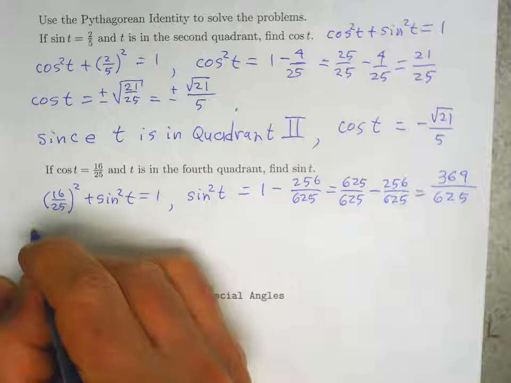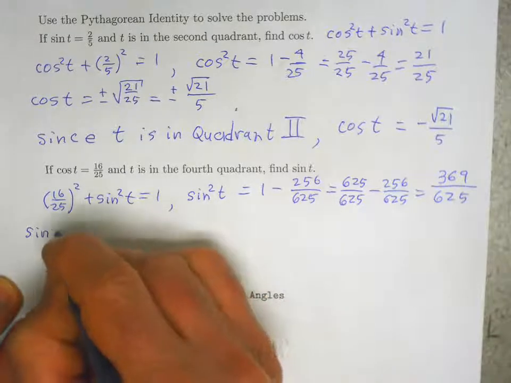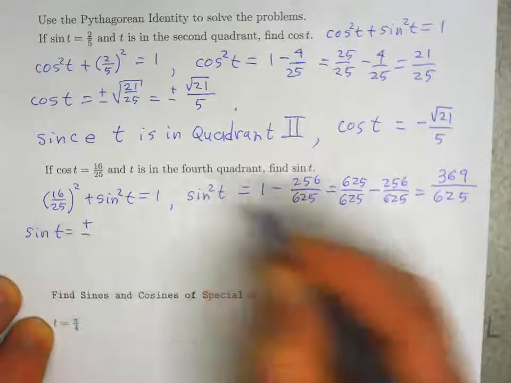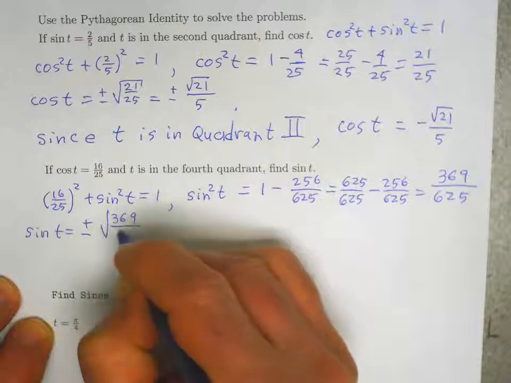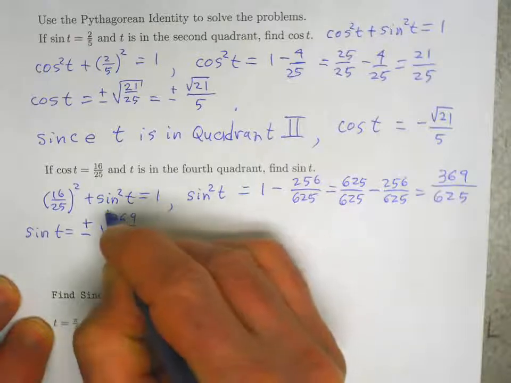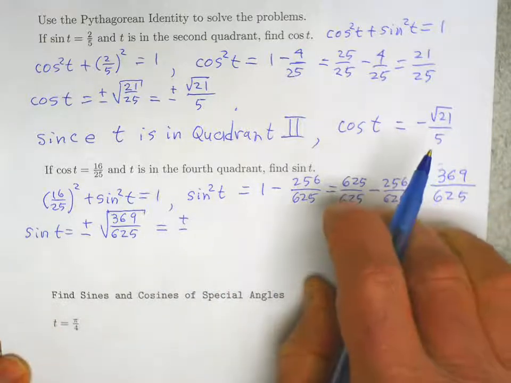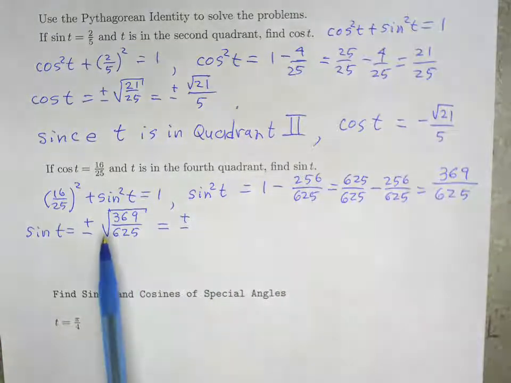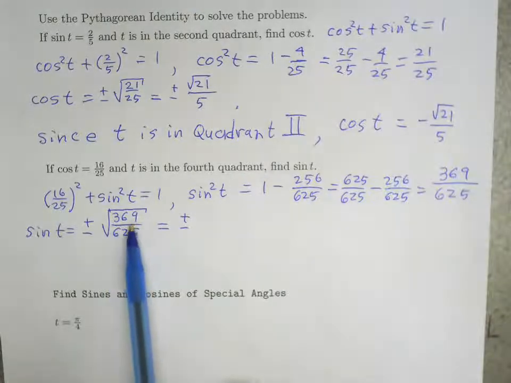And in general, when we apply the square root method, sine of t is equal to positive or negative square root of 369 over 625. We can tell that 9 is a factor of 369, and 9 is a perfect square.